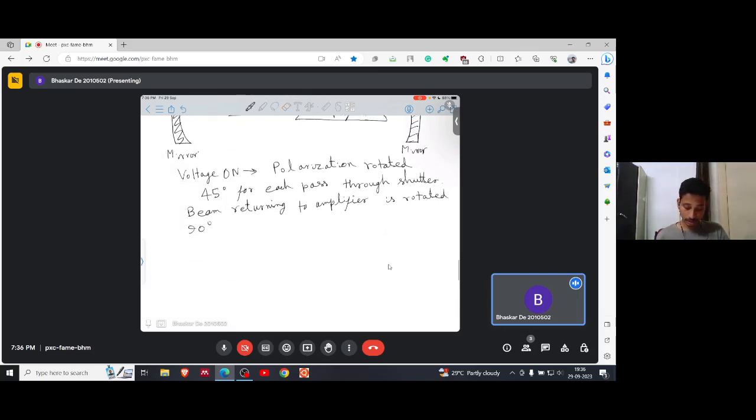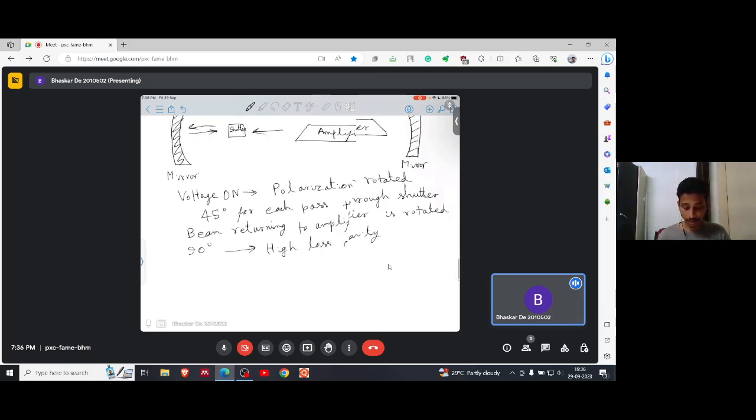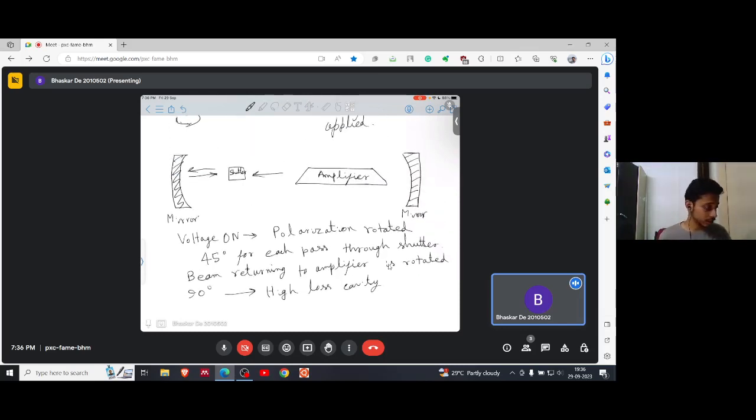And so after passing 2 times through the electro-optic shutter, it will not go to the amplifier, and then it will create a high loss cavity. So the polarizing element will reflect back the beam and it will not reach the amplifier.